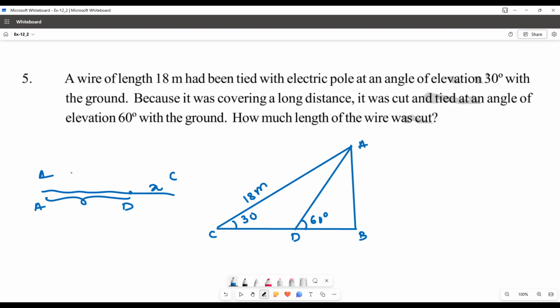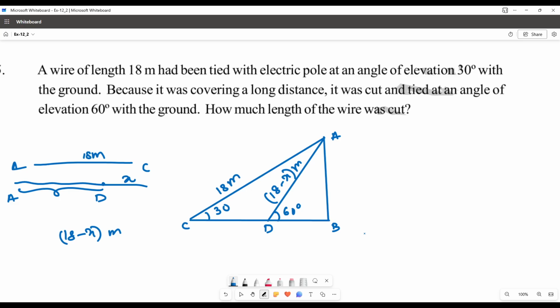So the length of AD should be 18 minus X meters. Now he wants us to find the length of X in this triangle. He's asking how much of the length of wire was cut, that is X.